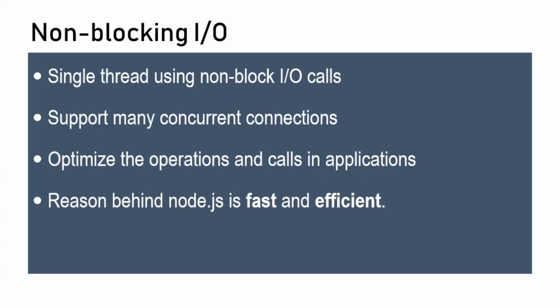I/O, that means input-output, can be anything ranging from reading or writing local files to making an HTTP request to an API. This input-output takes time and hence blocks other functions. Consider a scenario where there are two users, user 1 and user 2.